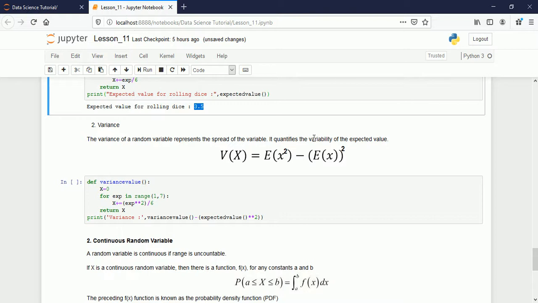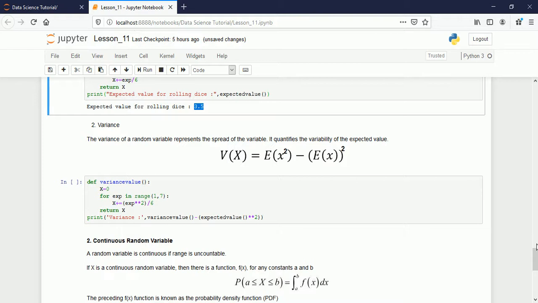It quantifies the variability around the expected value. This is the formula: variance of X equals the expected value of the square of those numbers minus the square of the expected value.